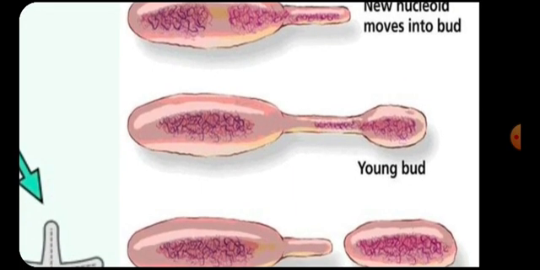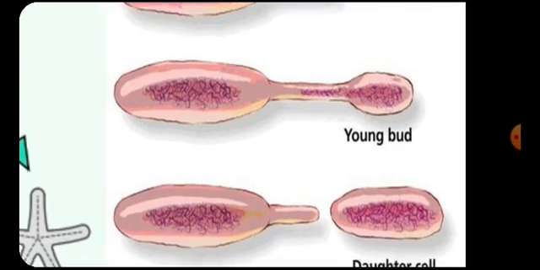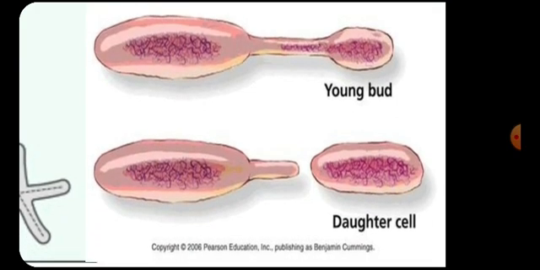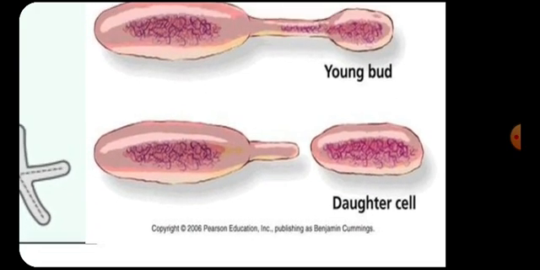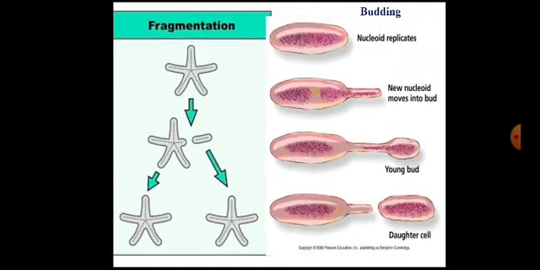Cell wall synthesis occurs, cell membrane synthesis occurs, and other material present in the cytoplasm is duplicated and moves towards the young bud. Finally, after full growth, this bud detaches from its mother cell. It is called a daughter cell. This is how the mechanism exists in a few bacteria.